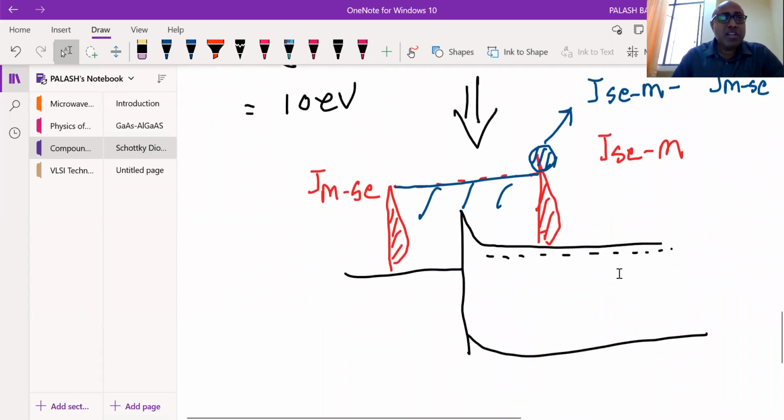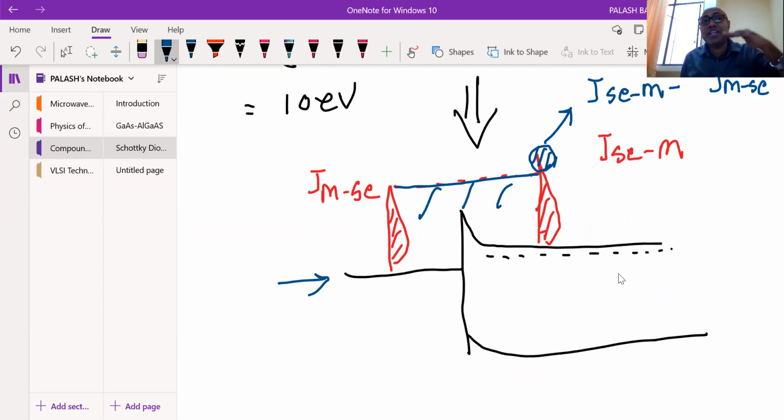Now, this is what is happening. Look at that. In this case, whatever you are applying, metal to semiconductor or semiconductor to metal, your metal-side level won't change much.